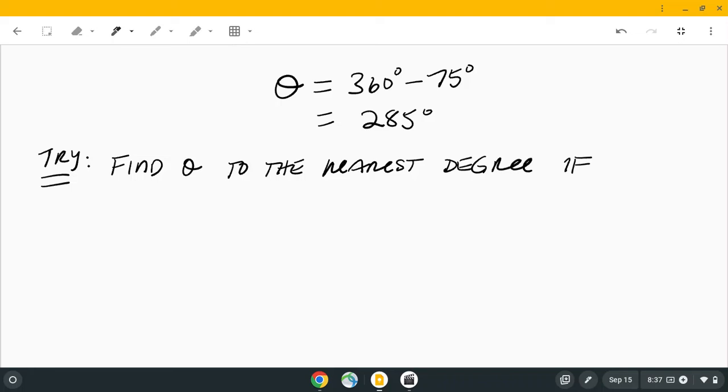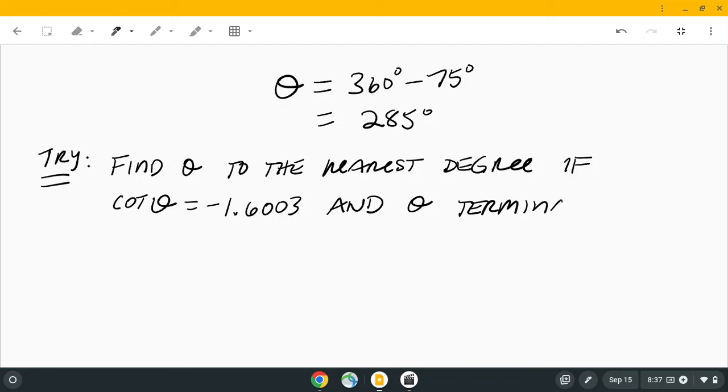if cotangent theta equals negative 1.6003, and we need to know the quadrant, right? So, theta terminates in quadrant 2.